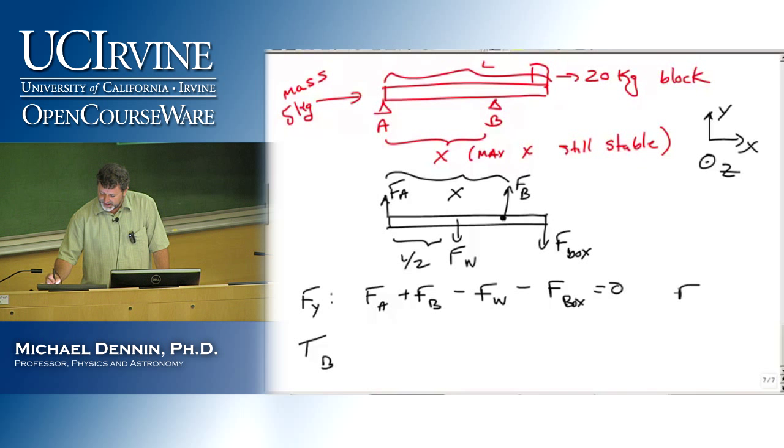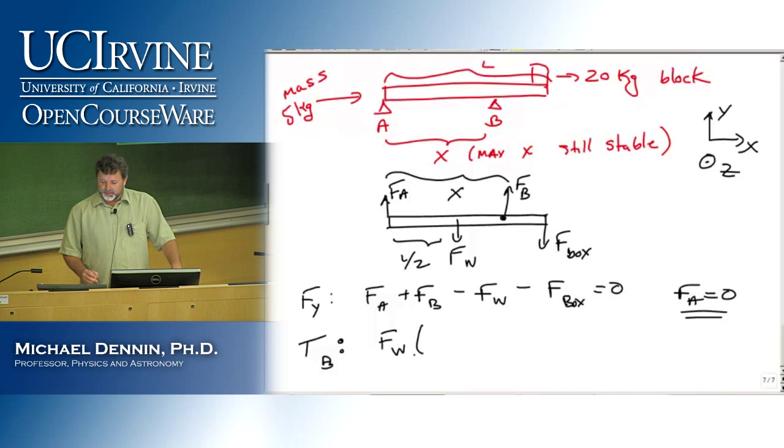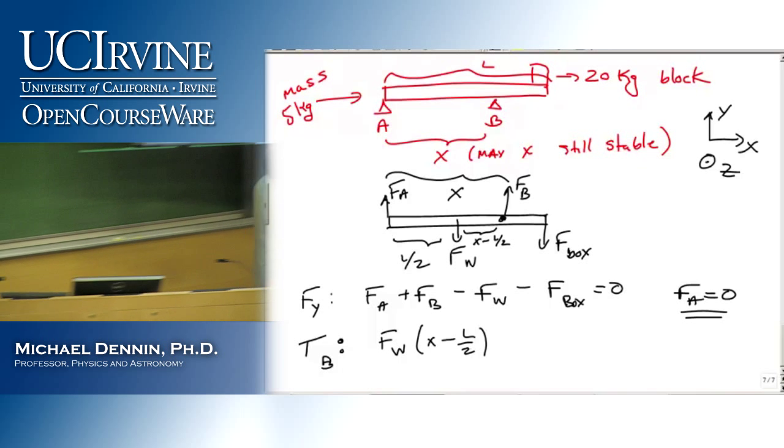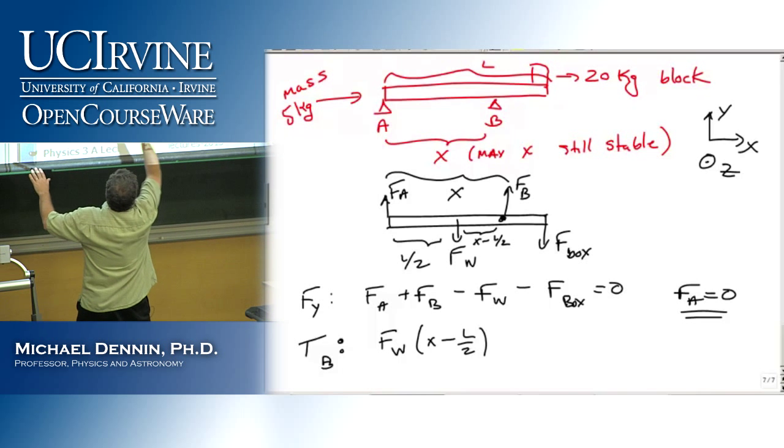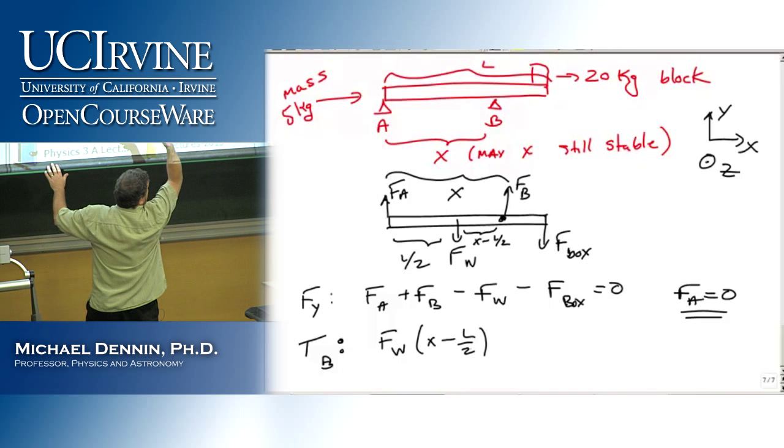If we're going to take our torques, we're going to take them about point B. And we know that FA is equal 0 when we're just about to fall. So we're not going to worry about that. We have the weight. And the weight about point B, notice its distance is x minus L over 2. And it's positive because from point B, our fingers go this way and we curl down into the weight and we come out.